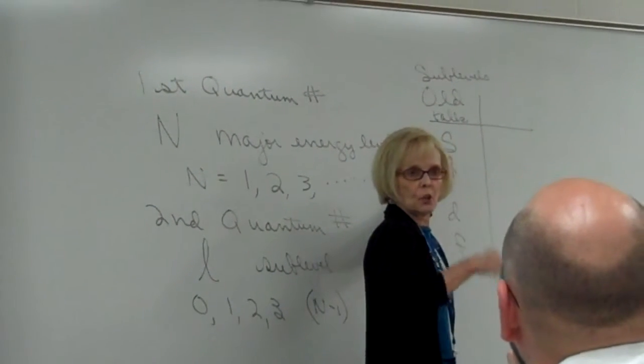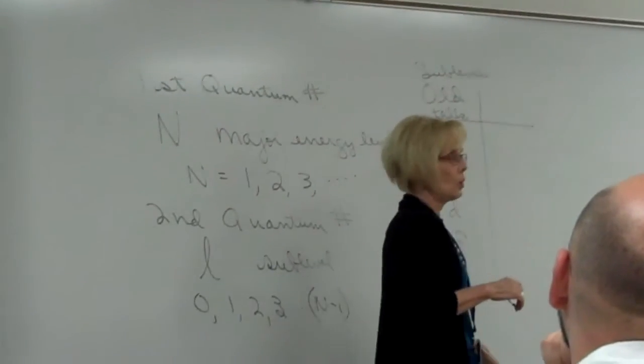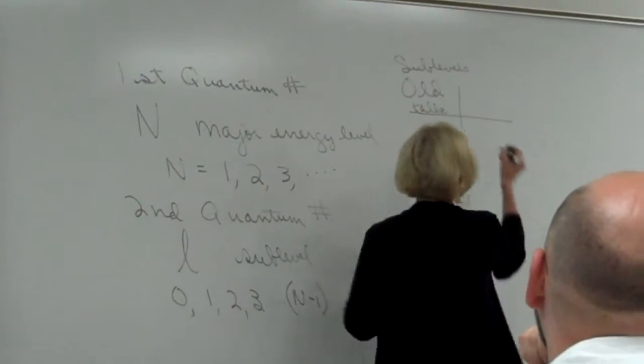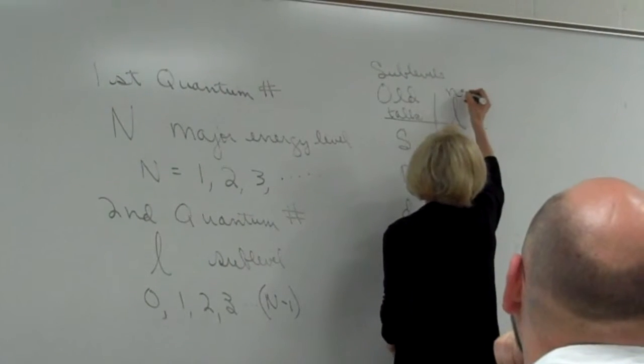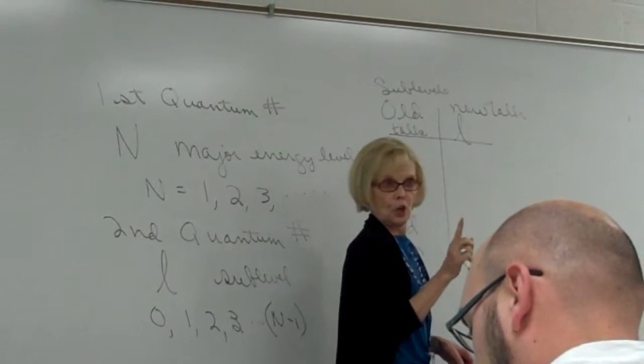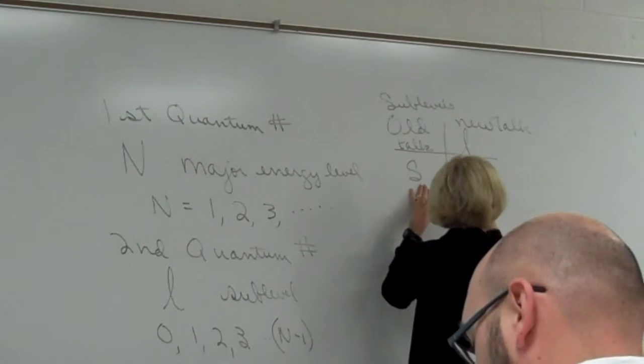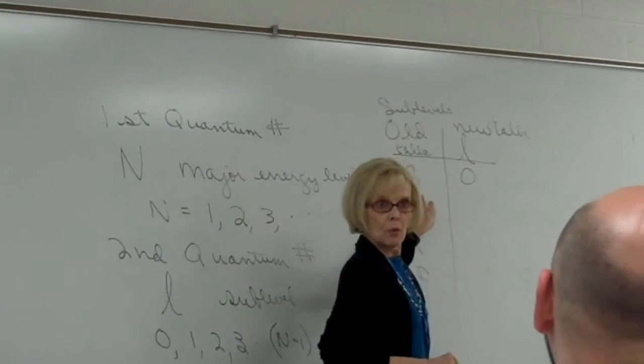It's like Susie or Sally or whatever. It's a name. Okay, so this is the old talk that we are used to. This is the new talk. It's a code. If we're in an S sub-level, we say in code, L is 0.